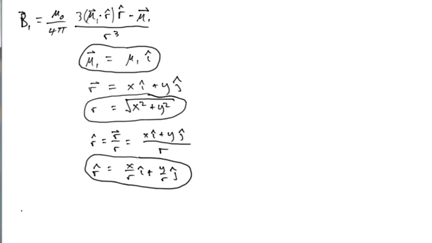Alright, so B1 is mu0 over 4 pi times 3 times mu1, which is mu1 i hat, dotted into r hat, which is x over R times i hat plus y over R times j hat.